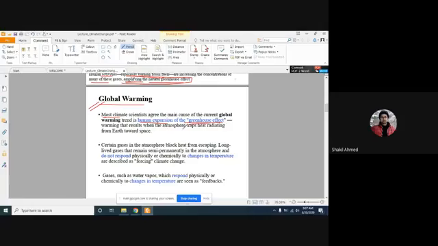Warming that results when the atmosphere traps heat radiating from Earth towards space. Certain gases in the atmosphere block heat from escaping. Long-lived gases that remain semi-permanently in the atmosphere and do not respond physically or chemically to changes in temperature are described as forcing climate change.